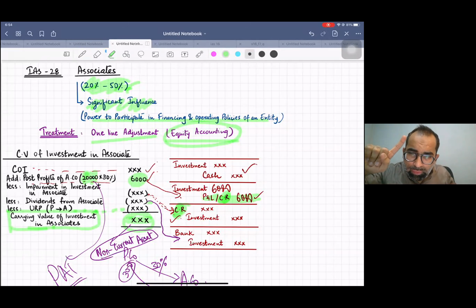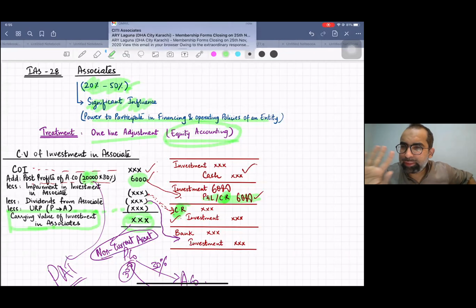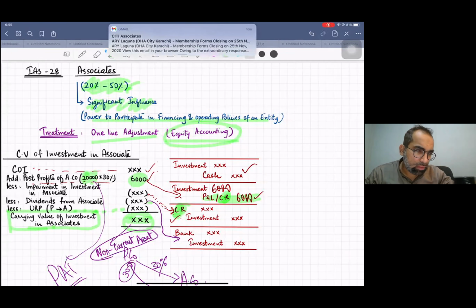Number one, you have to calculate carrying value of investment in associate for the asset side. Number two, you have to adjust CR where it is relevant.